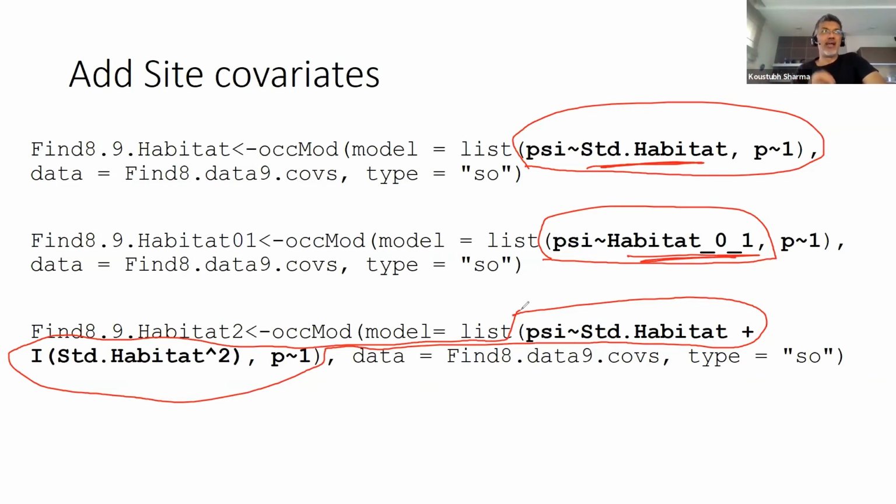What if 8 loves a little bit of gray, completely hates moderately green areas, but just loves very green areas? So these variations, these non-linear relationships, you can test.